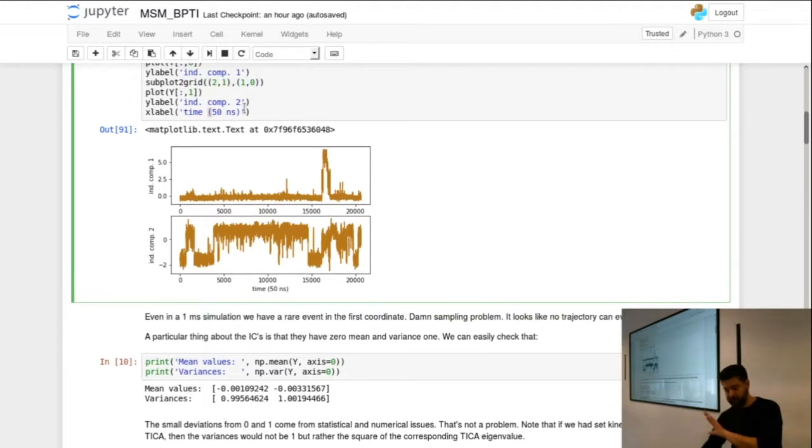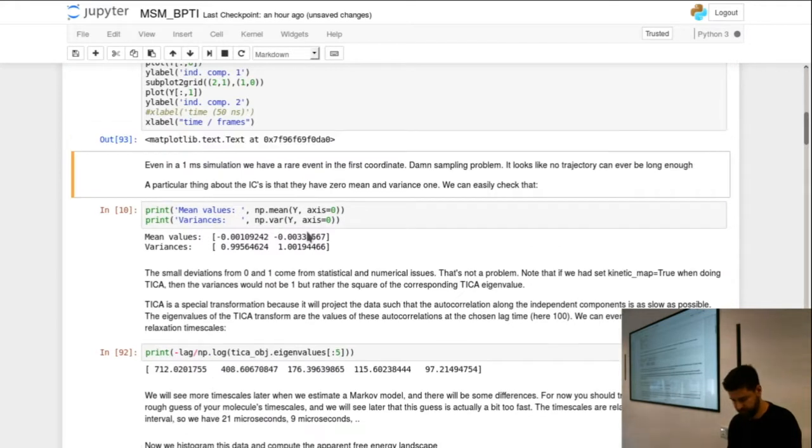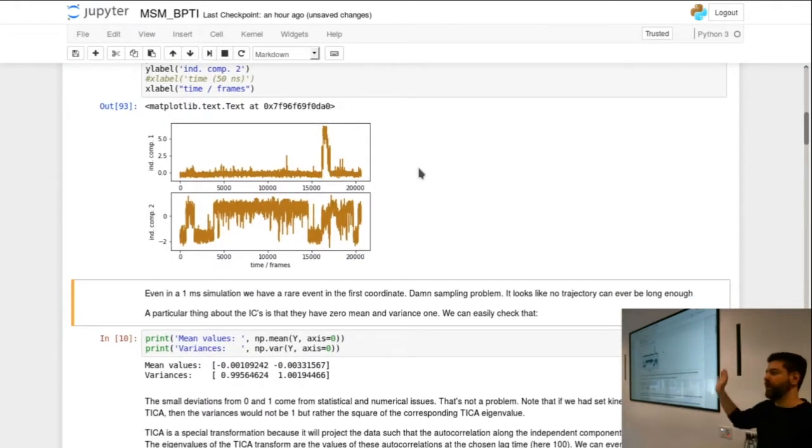Yeah, just a moment. A much clearer unit for our purposes is this, okay? So this is a much more correct unit. This is frames. Whatever the frames are saved in, these are the time units that are internally consistent.